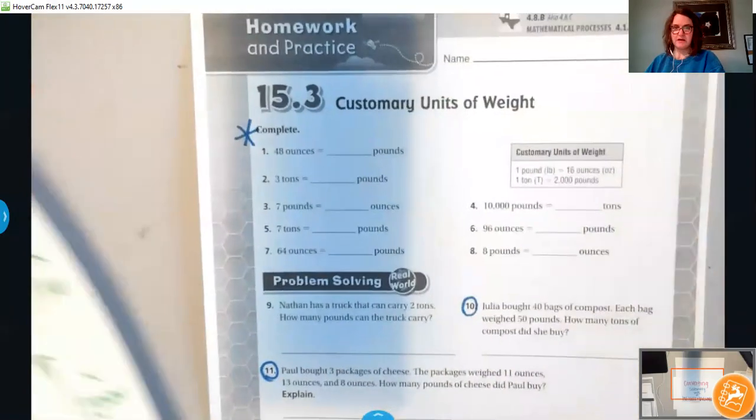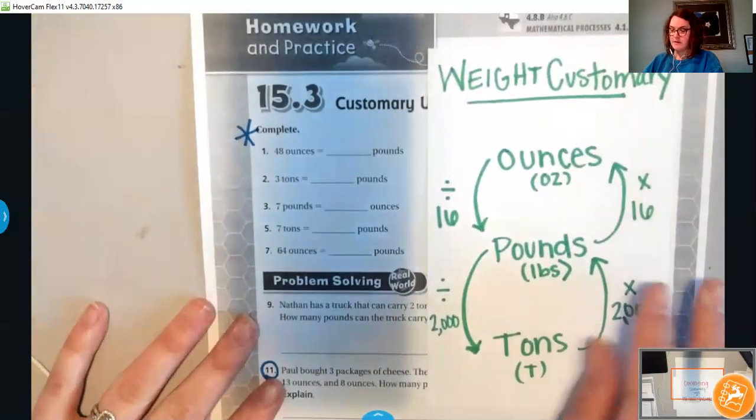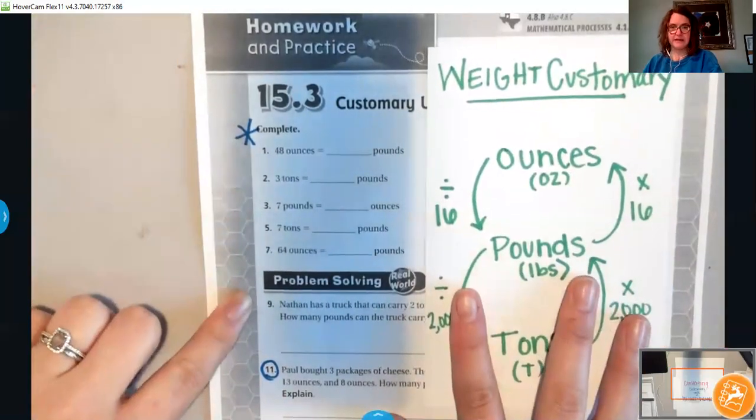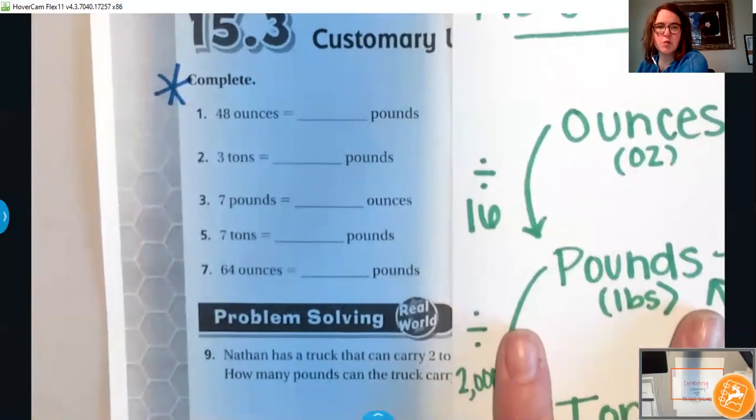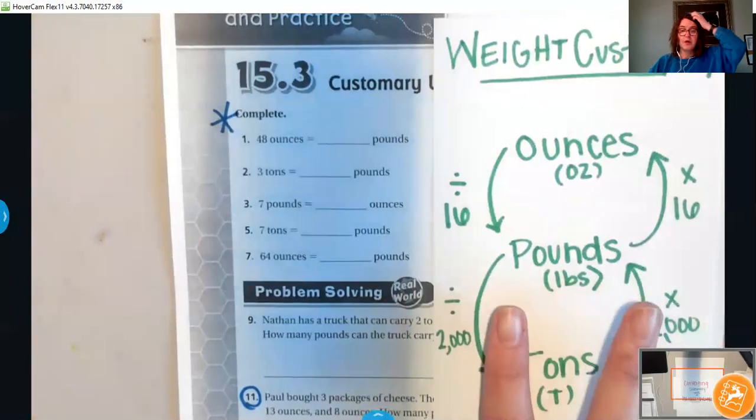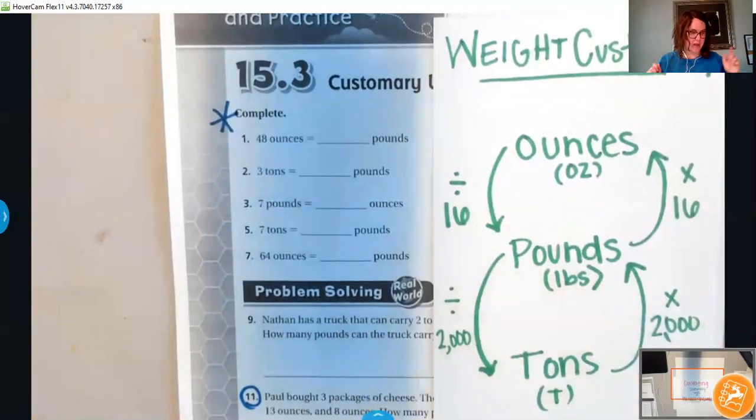So let's take a look at customary units of weight here. I am going to look at these problems down my left side. I'm going to start with 48 ounces equals how many pounds? The way that we're going to do it is take a look at a few simple steps.